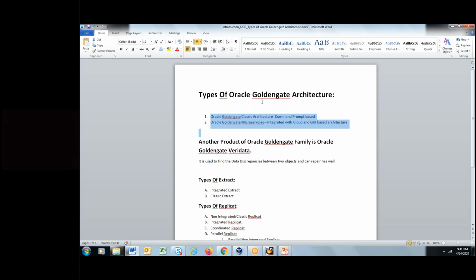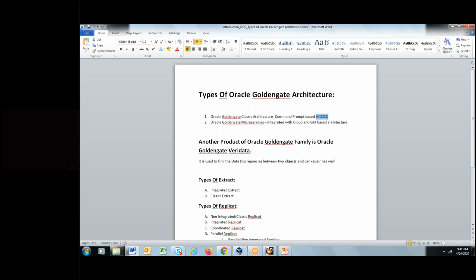From 2009 until 2017, there was only one way to configure GoldenGate, and that was through the command prompt. So if many of you have worked on GoldenGate, you must have seen a GoldenGate environment in your work or on your own machines.